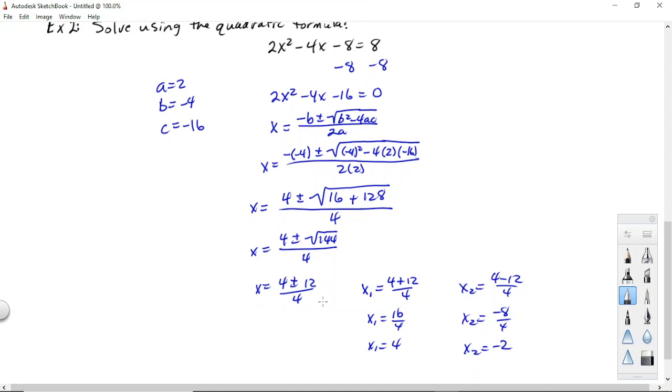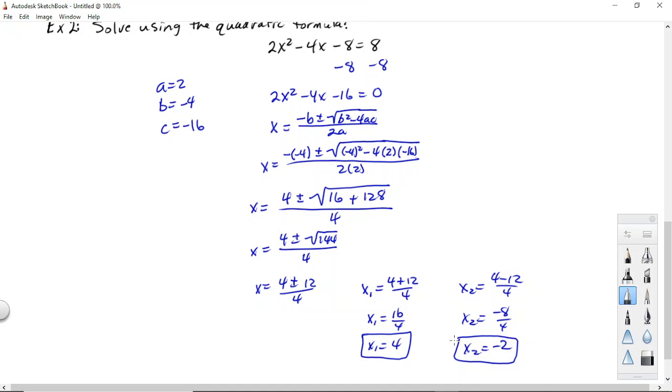So that's the solutions to that one. Now a couple things to notice here. One is that this one came out to whole numbers, and that means this could have been factored, and we could have solved it that way. But the quadratic formula works, whether they can be factored or not.